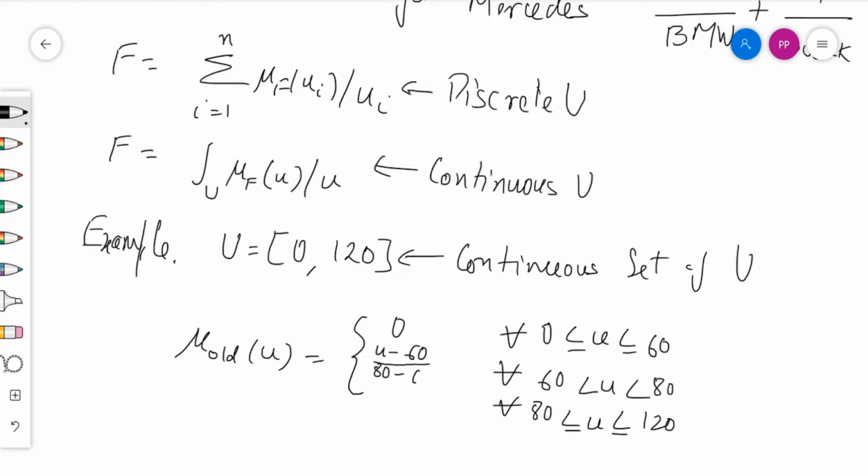When the age is 80, this term becomes 1, otherwise it is 1. So now we can define the membership function as a function of the independent variable small u.